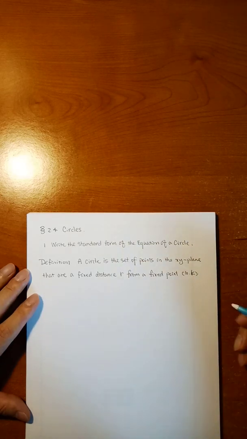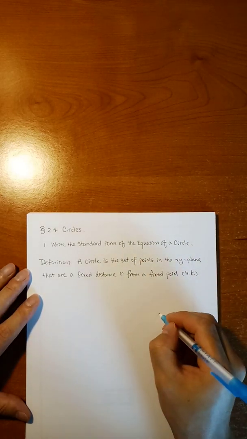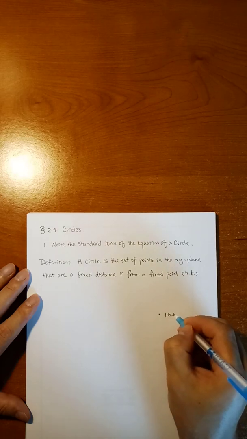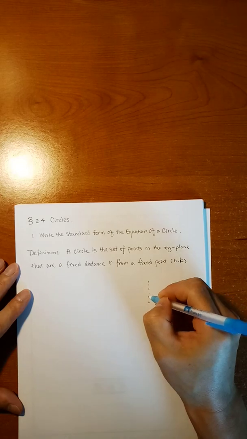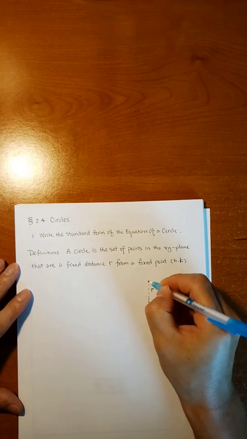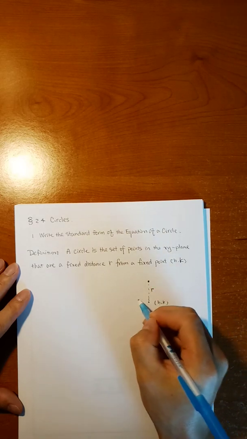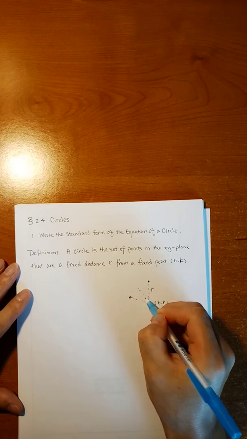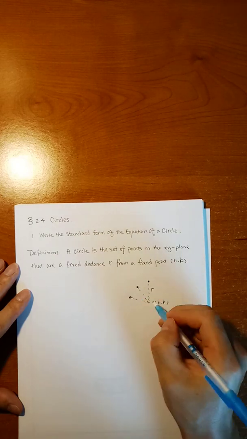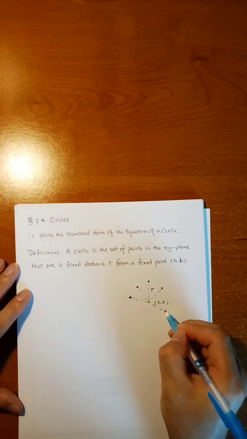Fixed distance from a fixed point. So for example, you have a fixed point hk. hk are the coordinates of this point. And you have a fixed distance r. You have this point, that could be a point on the circle. And you go here, it could be a point on the circle. Or this direction, or even here.